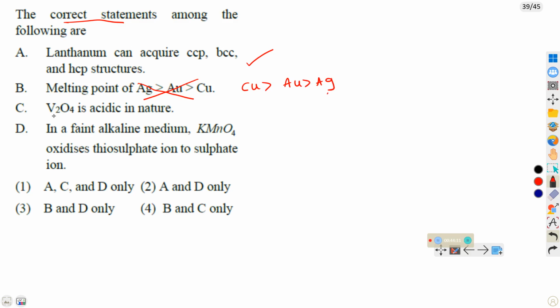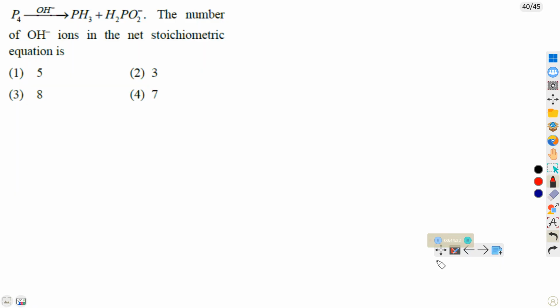V2O4 is acidic in nature. Wrong. V2O4 is weakly basic. In a faint alkaline medium, KMnO4 oxidizes thiosulfate ion to sulfate ion. Correct. A and D are correct statements.